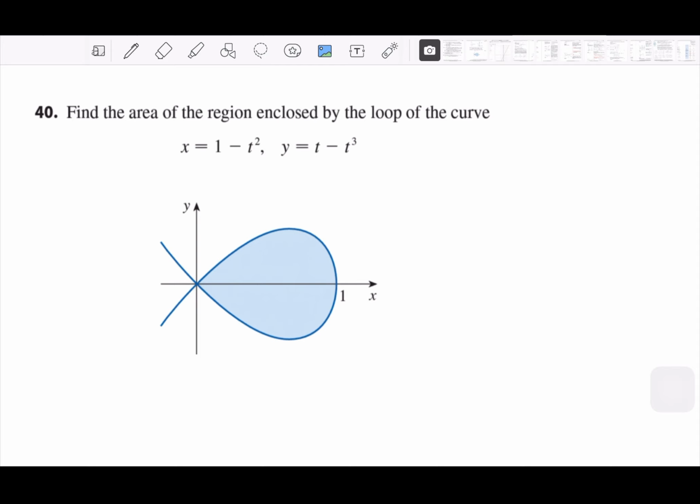Okay, anyone have the solution or calculation?